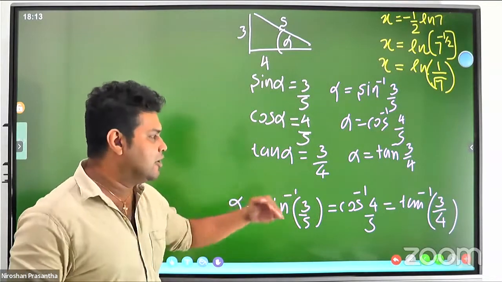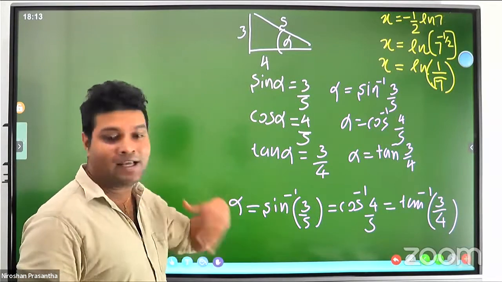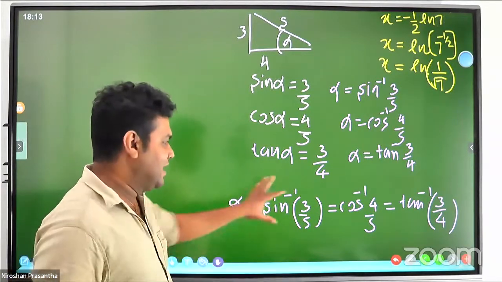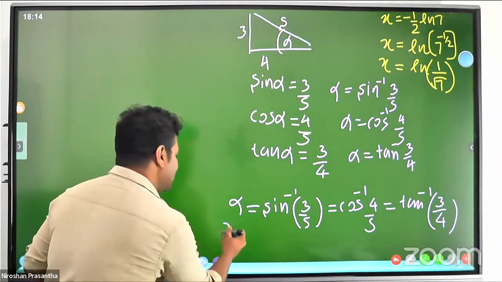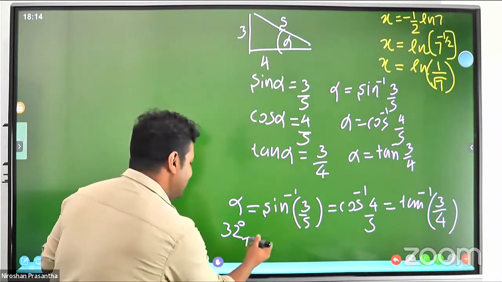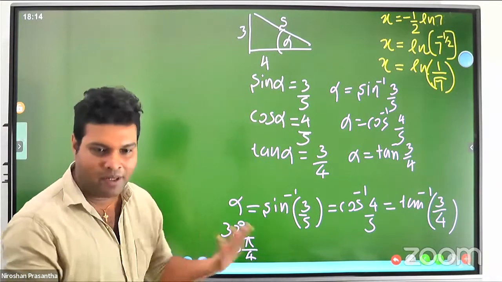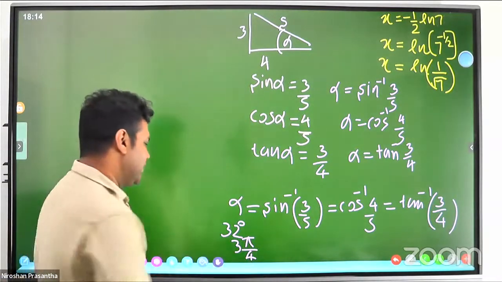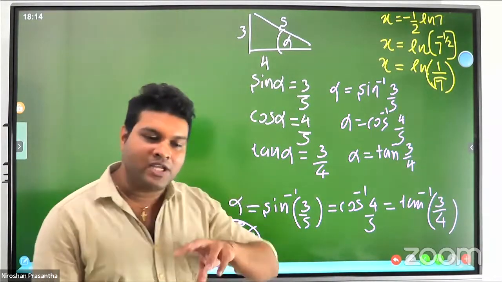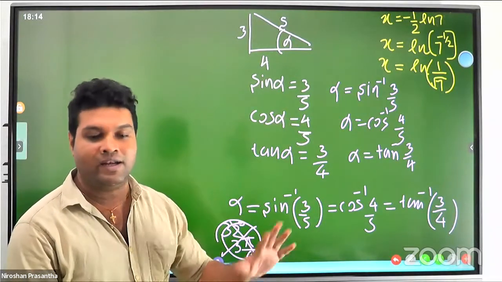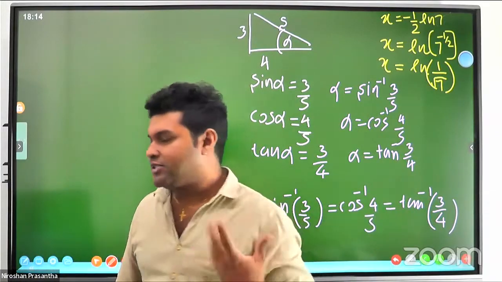The same angle is denoted in terms of sine inverse, cos inverse, tan inverse, or cosec, sec also, right? But generally we write sine, cos, tan. The same angle, 32 degrees or whatever, can be a negative angle also. But whatever they are, we can denote angles in 3 ways mainly and 6 ways definitely.